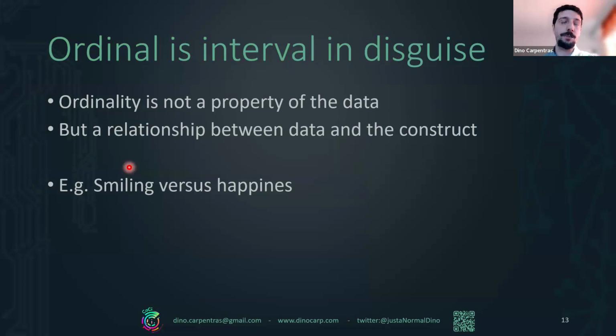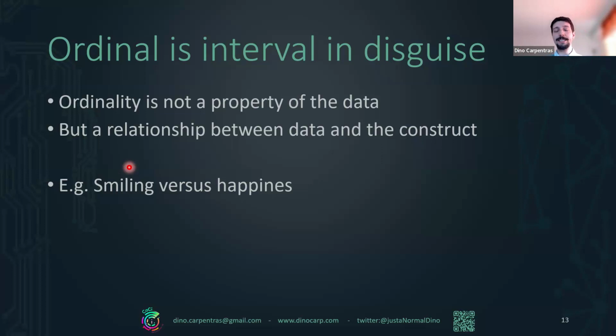Let me also give you an example here. Let's say you want to measure happiness, but the problem is you cannot directly measure happiness. We do not have a happiness meter that we can inject in a person and say how happy they are. So instead we can measure things like smiling. We can say, this person today is smiling 10 times. The following day is smiling 20 times. So what we can say is that the person is happier.